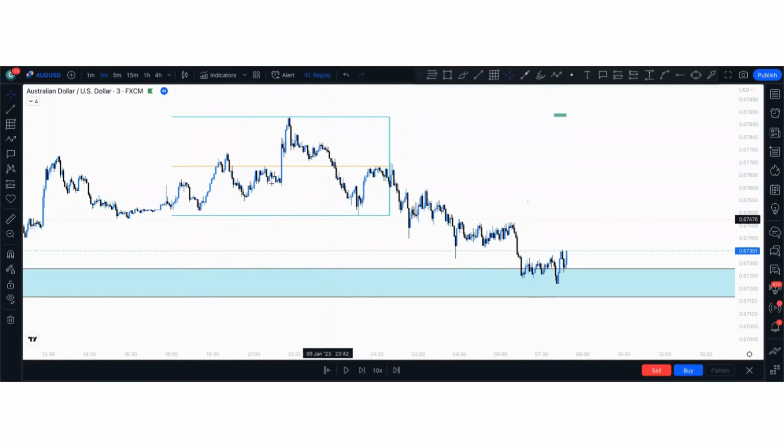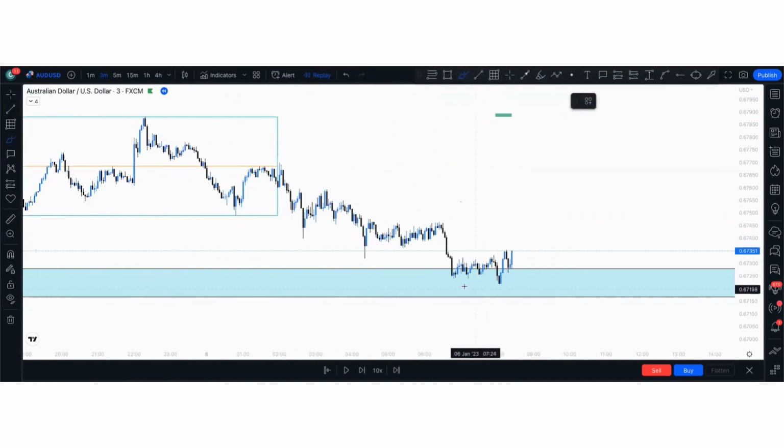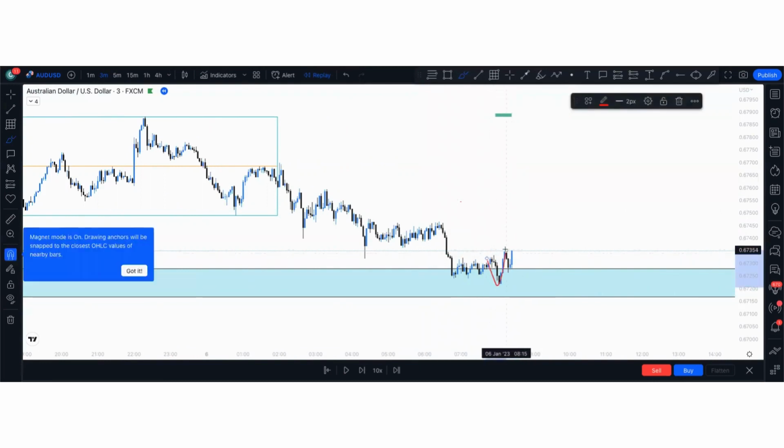So as you can see that it is purely some kind of a manipulation around this area, and you may see here that it made this consolidation area, and then price really push down and then go up right here.